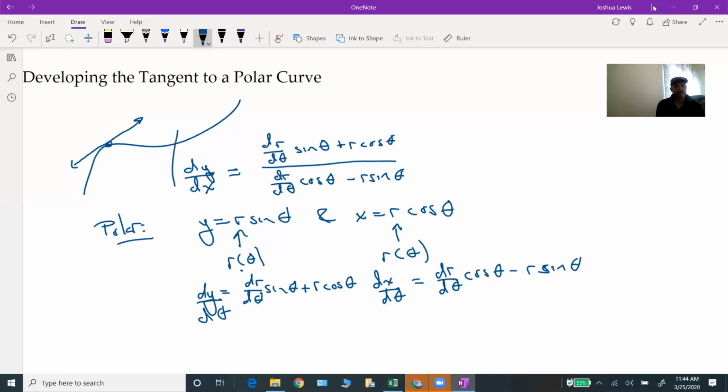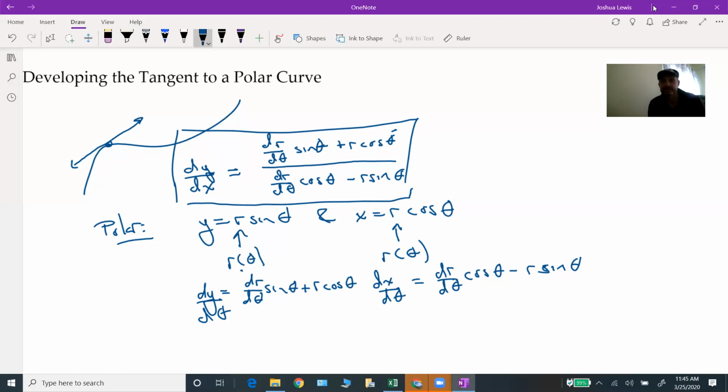Okay. Now, what's kind of nice is that if we're given r as a function of theta, you can actually go a little further with this and have this all be in terms of theta, and you won't necessarily feel that dr/d theta as explicitly if you just start off by substituting with what r is in terms of theta. But this allows us an expression for finding the slope of that tangent line.